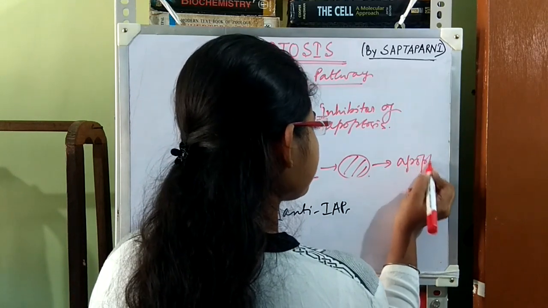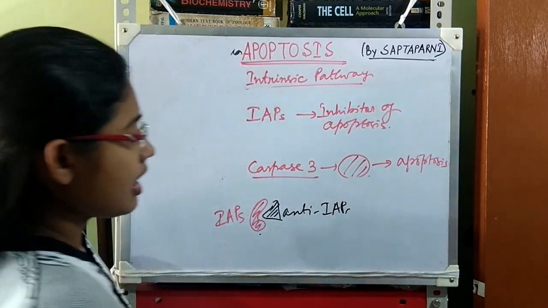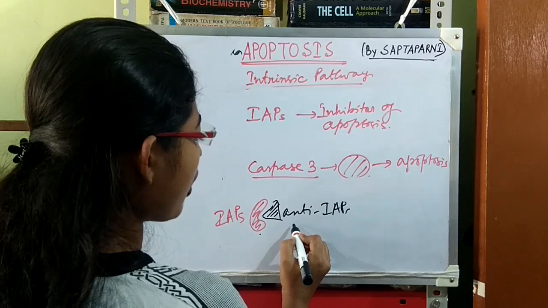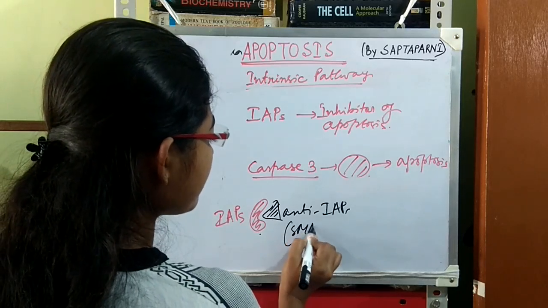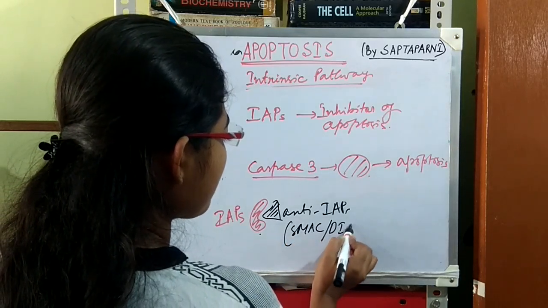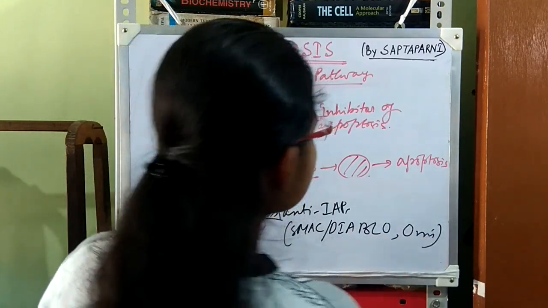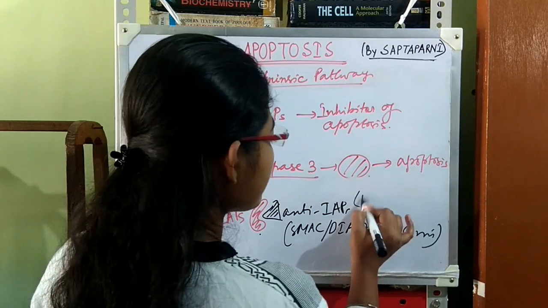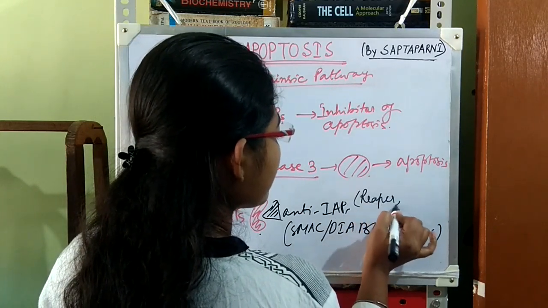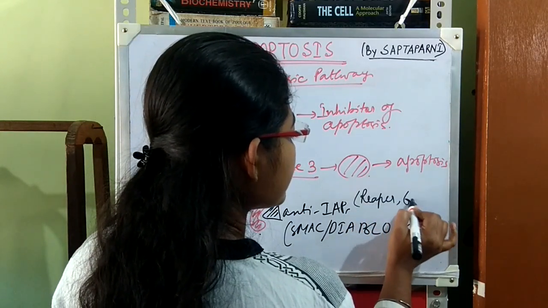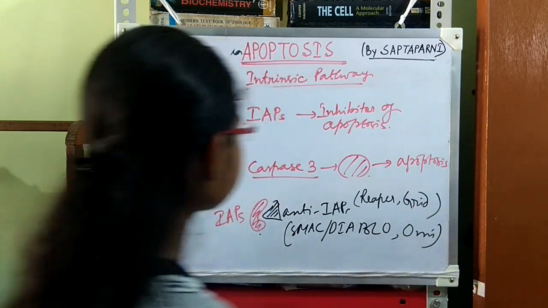Got it? Anti-IAPs in our mammalian body are known as Smac or Diablo, Omi, etc. And in Drosophila they are known as Reaper, Grim, etc.